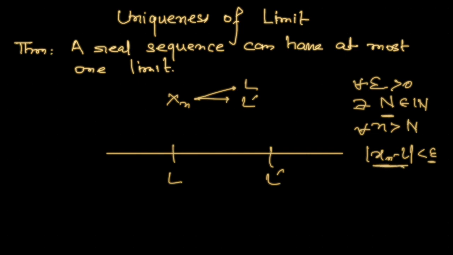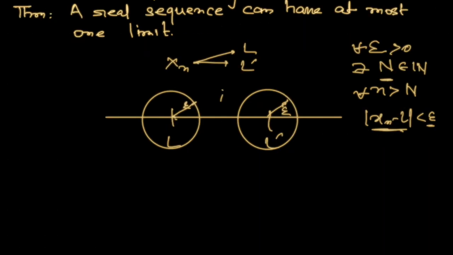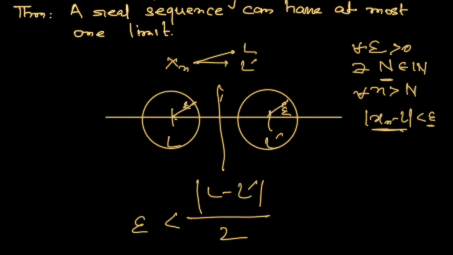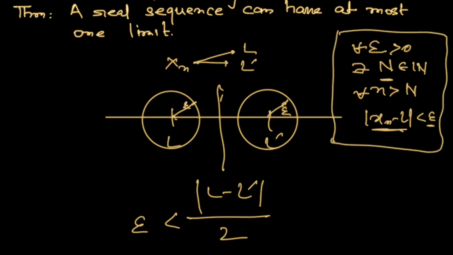So suppose now you have two limit points L and L prime, and then you can find an epsilon which is half of the distance between L and L prime. You take any epsilon less than this, and you are claiming that for this epsilon you apply this definition, then you will get a natural number N such that all the terms are inside this epsilon ball around L, and also inside the ball around L prime, but this is not possible.